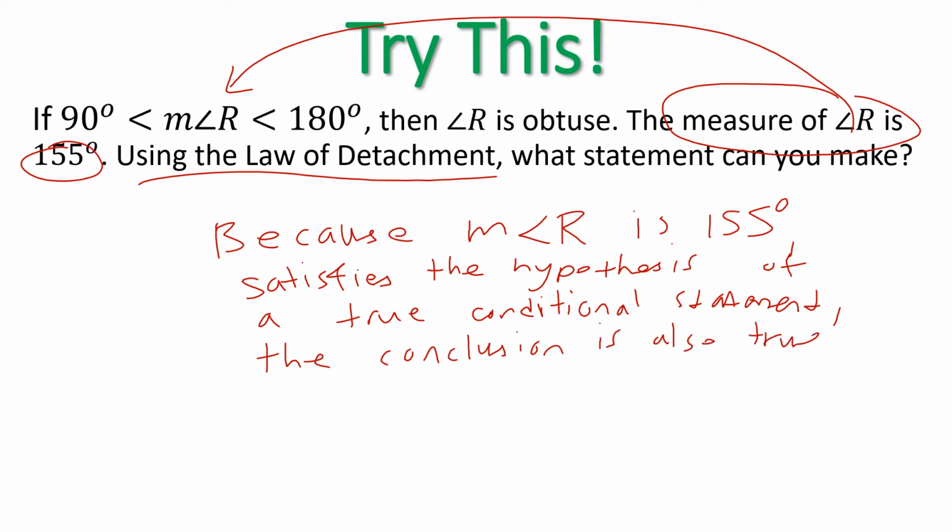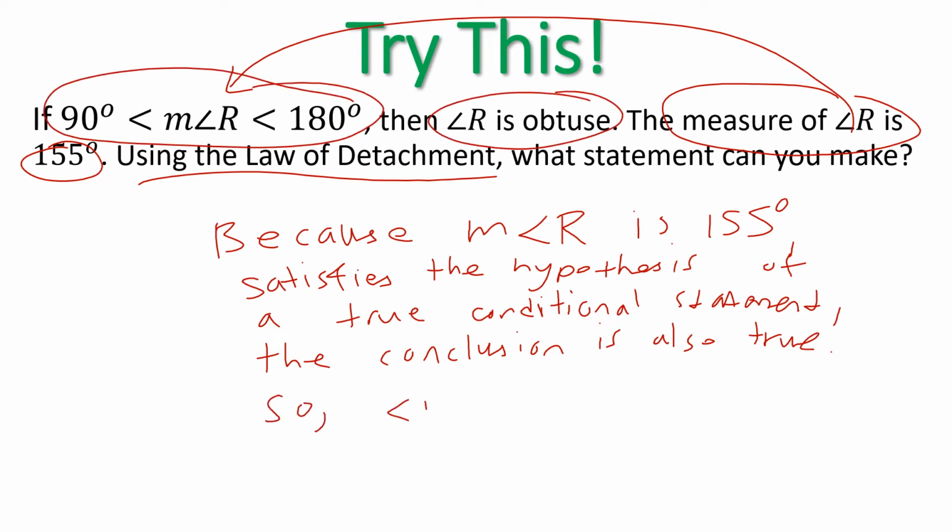Now, what is the conclusion? Well, if it satisfies this, then it's obtuse. So, angle R is, in fact, obtuse. Law of detachment.